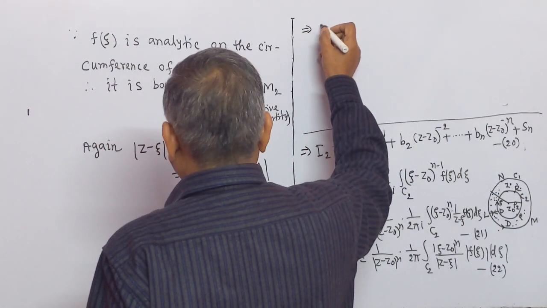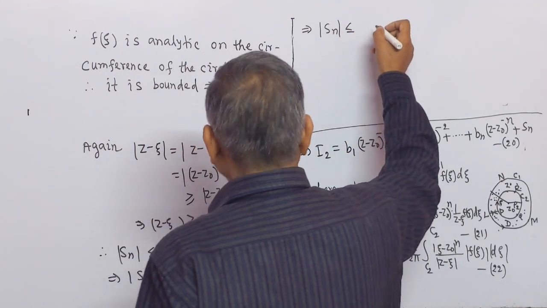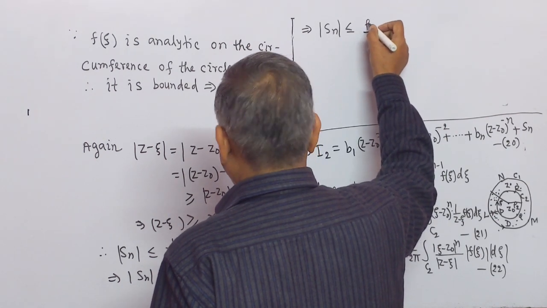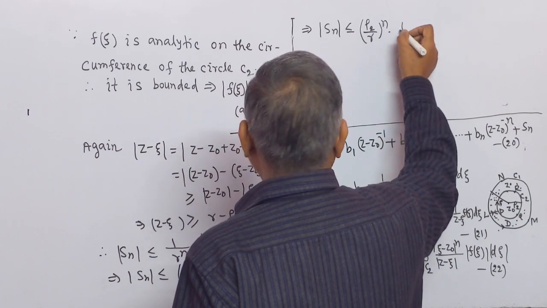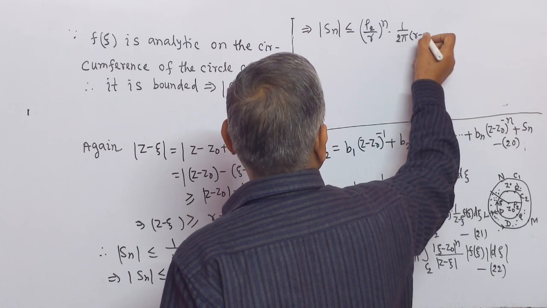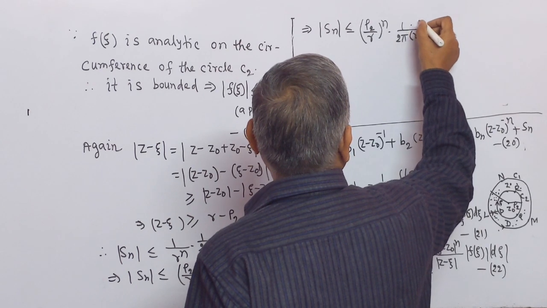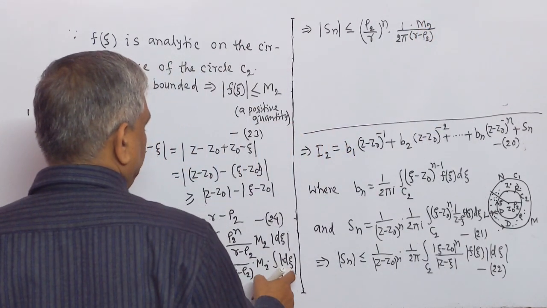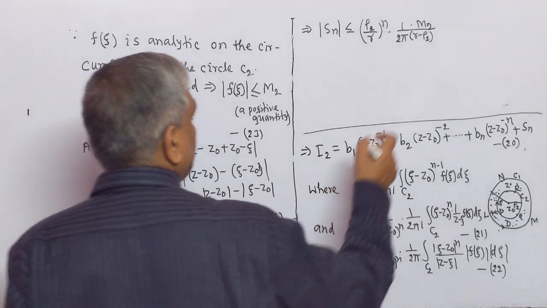Implies that modulus of Sn less than equal to rho 2 by r to the power n multiply 1 by 2 pi, 1 by r minus rho 2, multiply m2, and integration of modulus of d xi is the circumference of the circle C2.